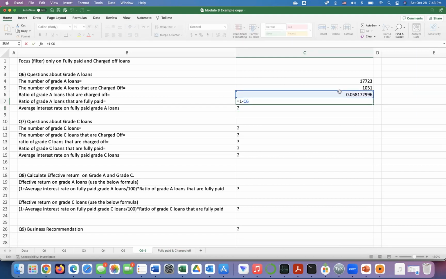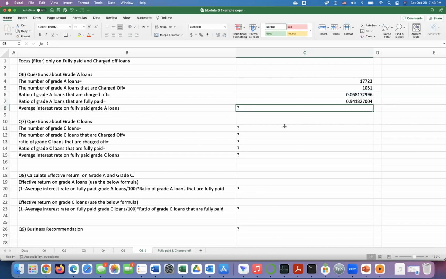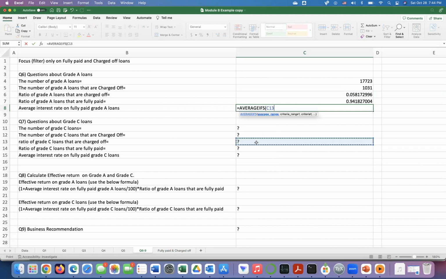Average interest rate on fully paid grade A loans. Good question. It's going to be equals AVERAGEIFS, and then I want the average interest rate on fully paid grade A loans.